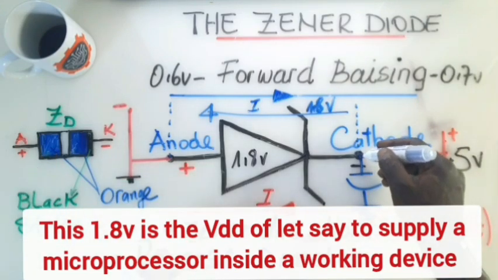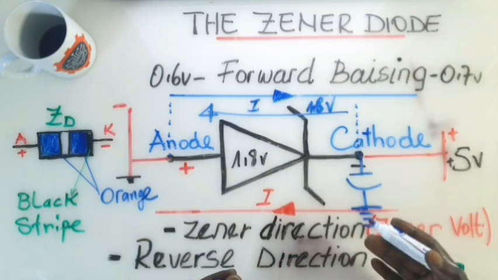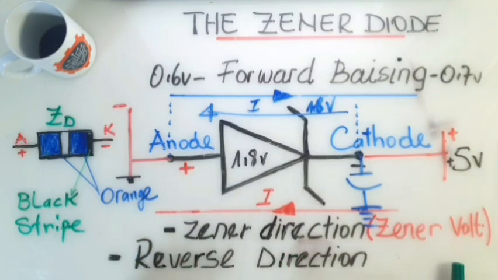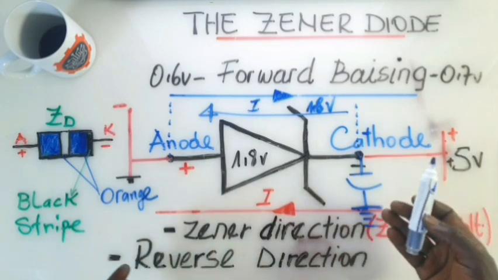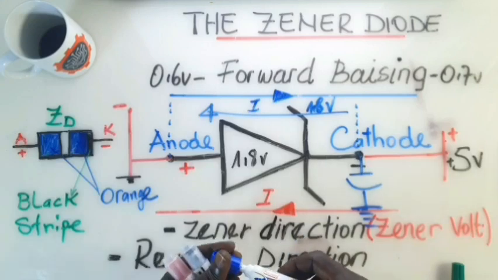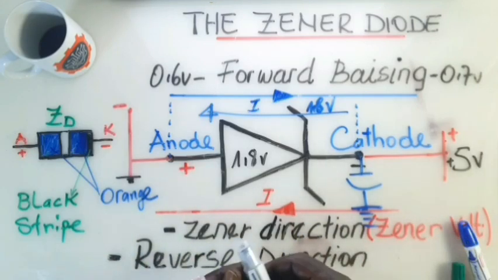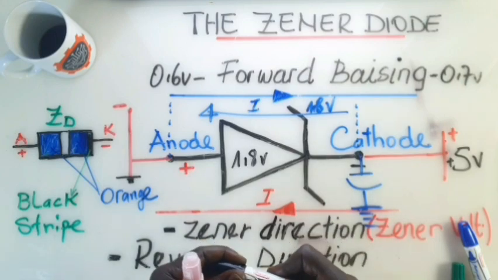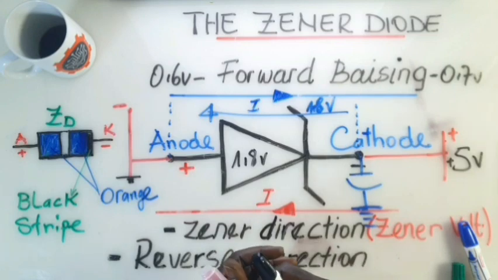So if we connect, for example, our microprocessor for here for inside a circuit, and the component, when you see the shape for the component just dey like the shape for the other diodes, that's the normal silicon diode and the Schottky diode.